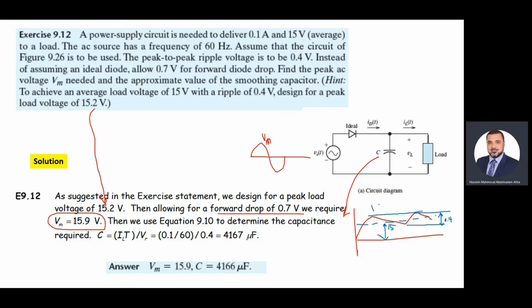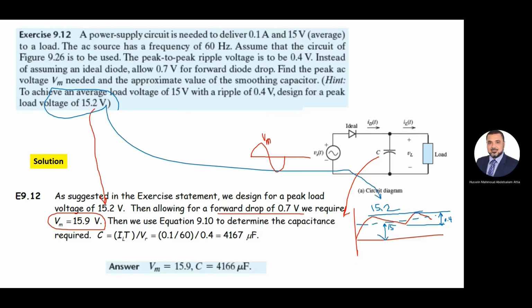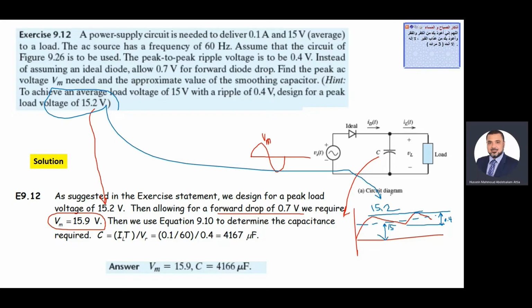Should be 15.2. It's clear, I guess, now. That's the peak. It says that we need the peak load voltage to be 15.2. This means the input will be 15.2 plus 0.7. 0.7 is the diode drop, because after we drop 0.7, the output here will be 15.2. And the input must be 15.9, which is this value.